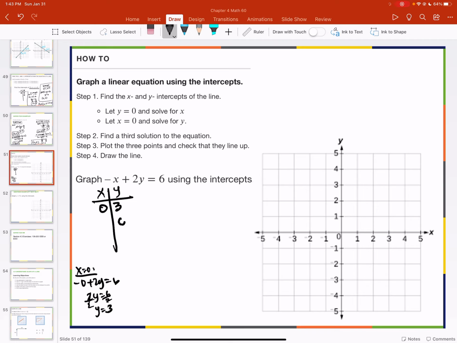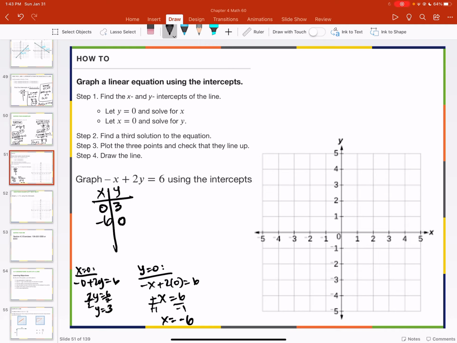Then the next point would be y equals 0. That's going to be negative x plus 2 times 0 is equal to 6. So negative x is equal to 6. Divide by negative 1, we get x is equal to negative 6. So negative 6, 0. Okay, so then let's go ahead and plug in something in between, I guess. How about 3 or even 4? Sure, let's just do 4.